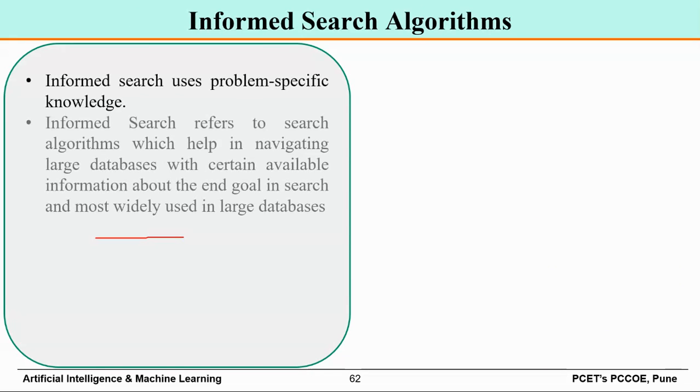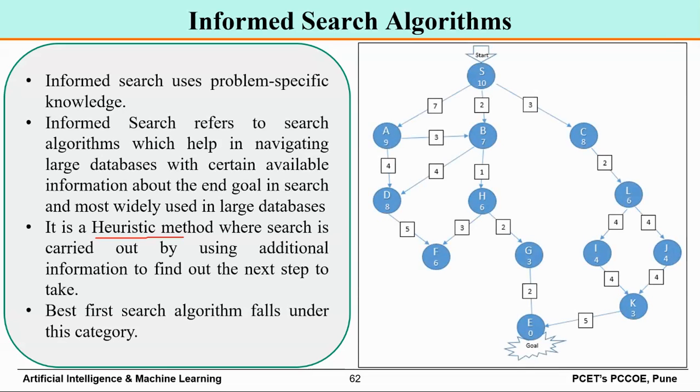But when we say informed, you will know the destination. In this figure, you can see your starting point is S and your final point is E, and there are different routes through which you can reach your destination.